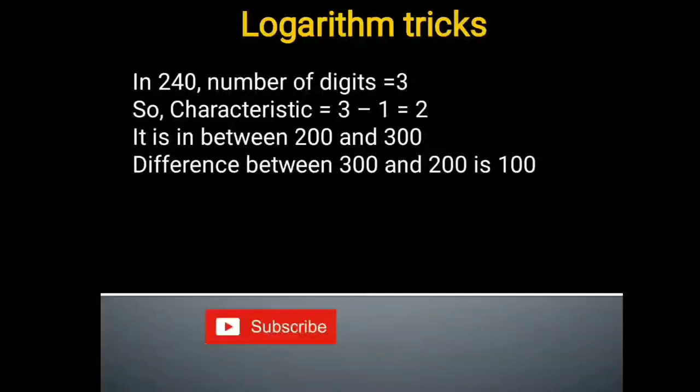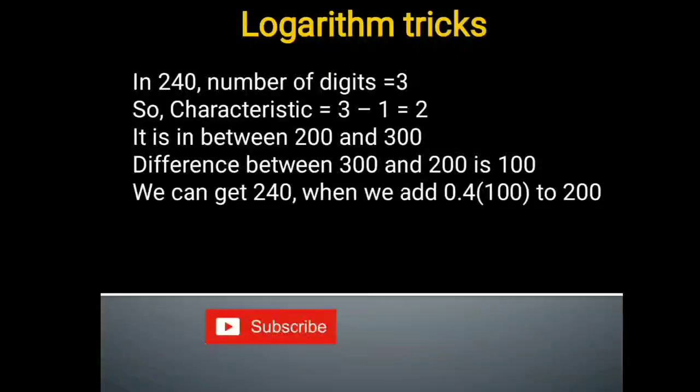How much? 100. And multiply that 100 with 0.4, then you will get 40. Add that 40 to the lower value of the range you have taken, 200. Add 40 to 200, then you will get 240. And how did you get that 40? We took the difference between 300 and 200 and multiplied it with 0.4. We got 40, and we have added that 40 to 200.